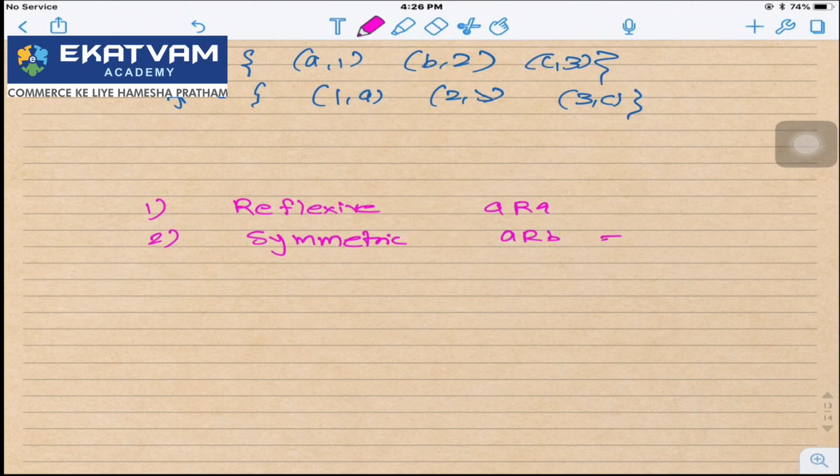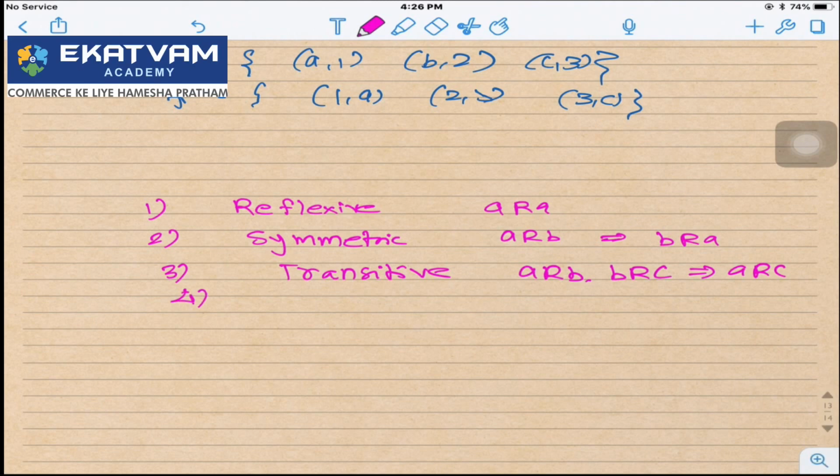A related to B, B related to A. What do you mean by transitive? A related to B, B related to C, A related to C. And what do you mean by equivalence?